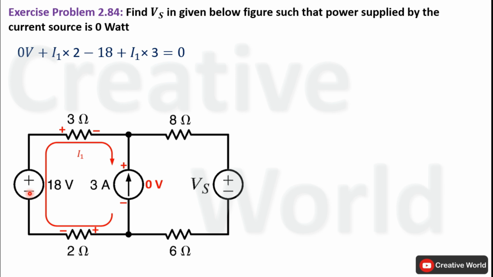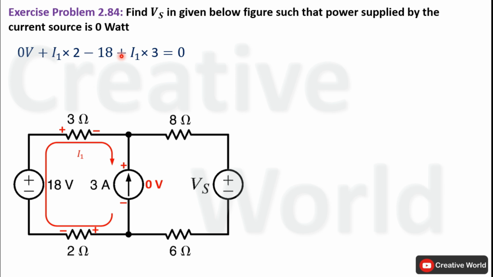Next, current entering terminal is negative, so voltage of this voltage source will be taken with minus sign, minus 18 volt. Next is the 3 ohm resistance, current entering terminal is positive, so the product of 3 ohm and current through it, I1, will be taken with positive sign. All of this is equal to 0.